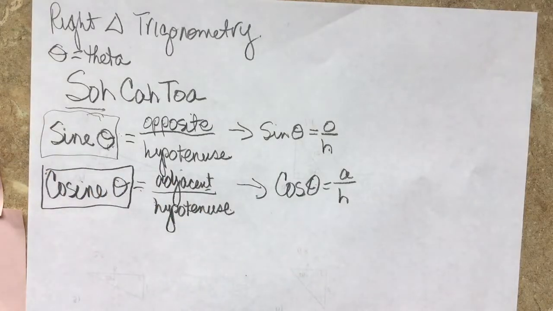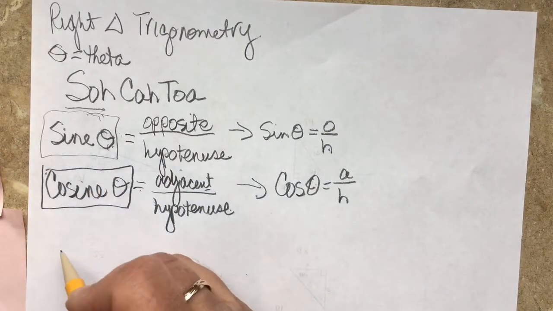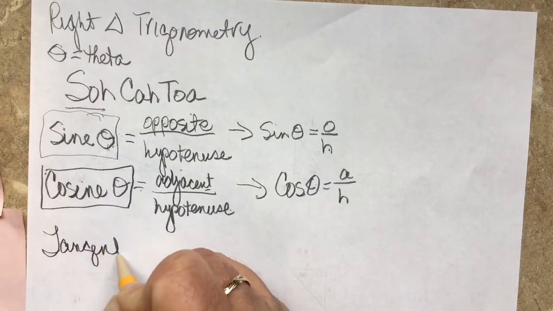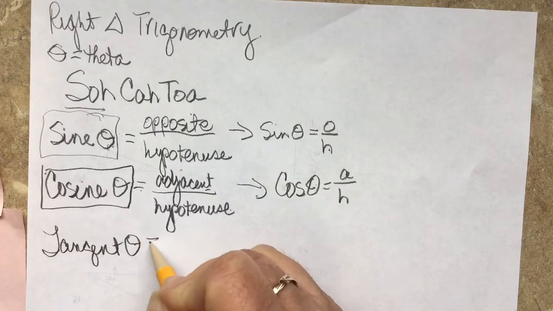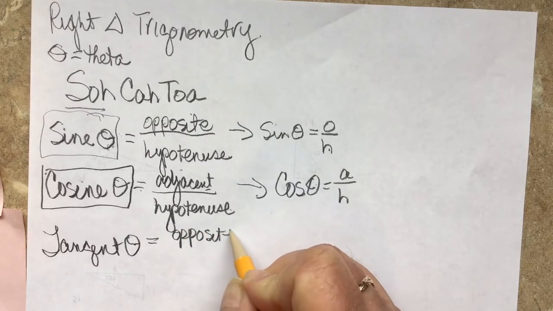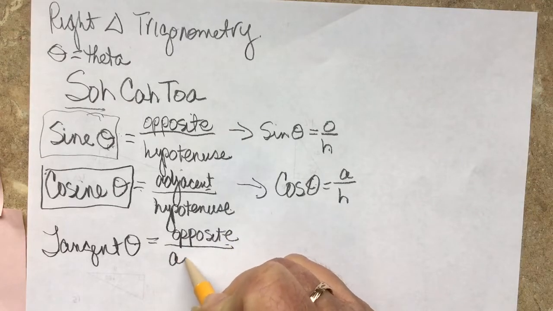Let me see if I'm still in there. Yeah, I have enough room to finish this part. So the tangent of theta equals opposite over adjacent.